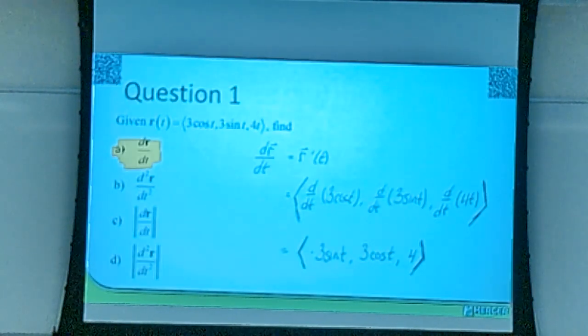Now let's see who's paying attention. What kind of shape is that? What kind of shape is r? Cylinder. It was in the worksheet.